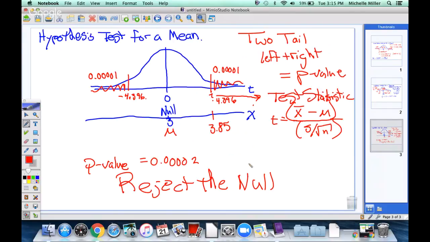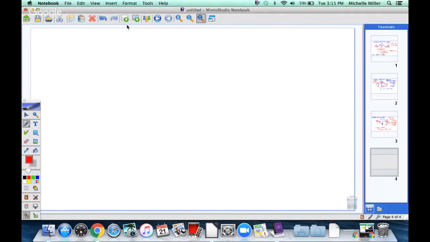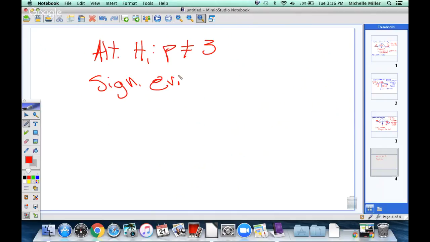And since our alternative hypothesis, which we get to accept when we reject the null, call it H1, was that mu was not 3, all we can say is we have significant evidence that the mean, the average tip, is not 3.